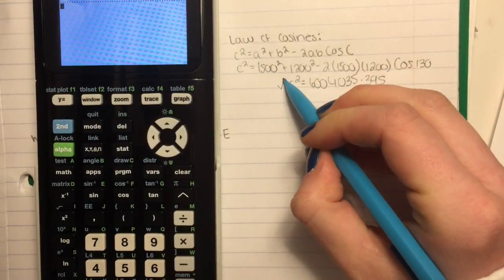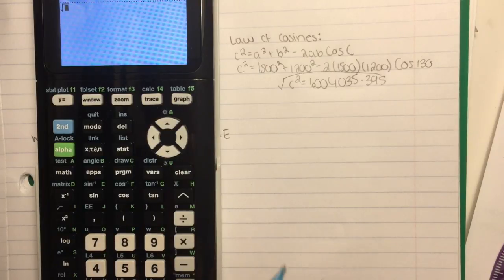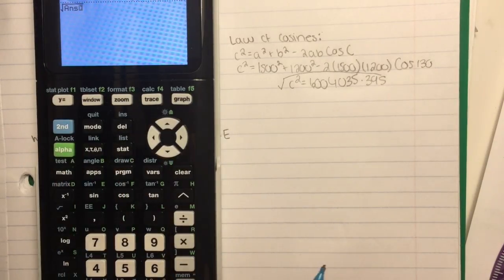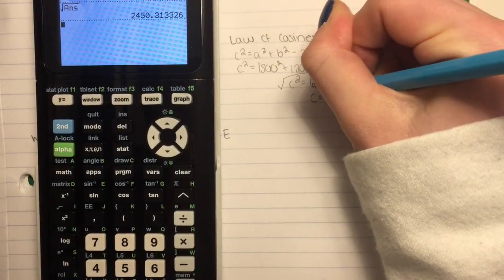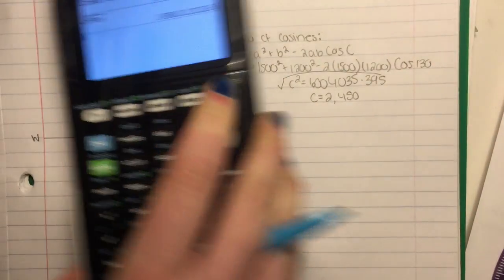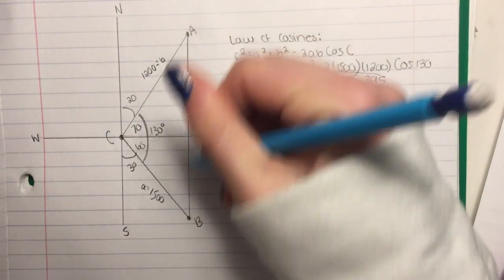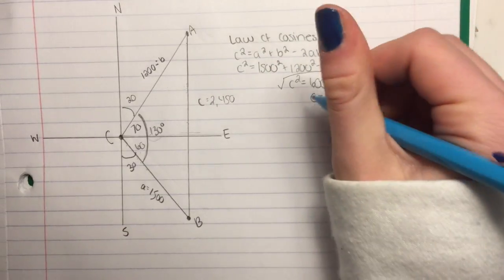So now we take the square root of this entire thing to get our C value. So our C value is 2,450. So the distance between A and B is 2,450 miles.